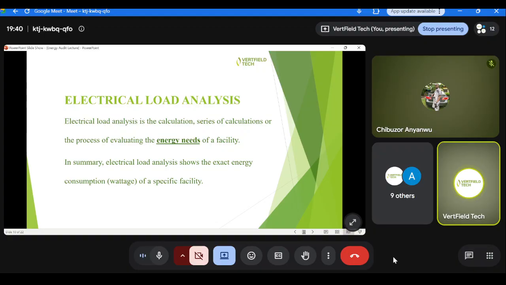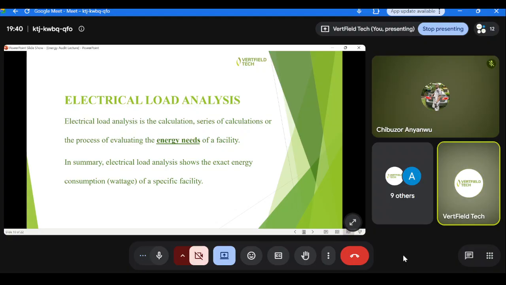You all should remember when we introduced energy audit, we said clearly that energy audit helps you to know the energy need of a facility, which is very important.